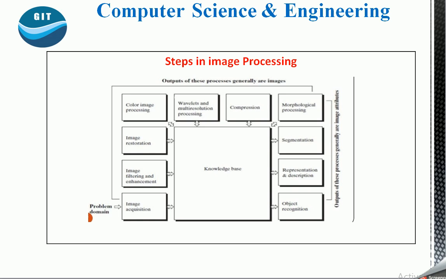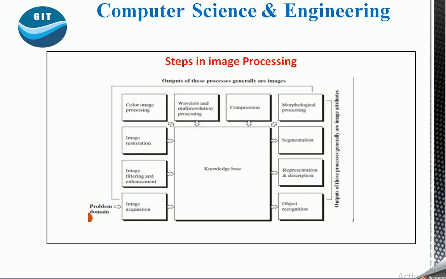The first stage of any vision system is the image acquisition stage. After the image has been obtained, various methods of processing can be applied to the image to perform many different vision tasks. The image acquisition stage involves pre-processing such as scaling.